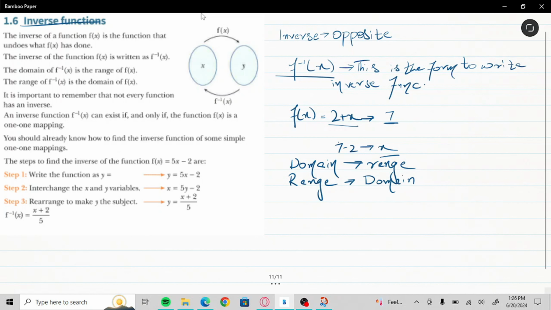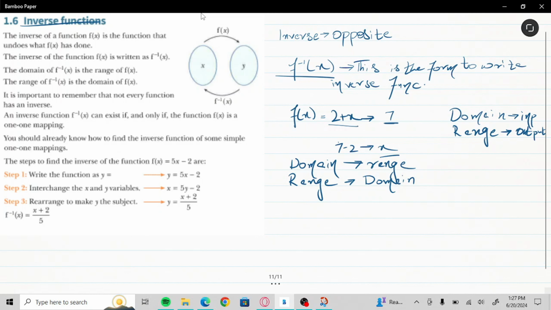What we have discussed is that the domain is the set of inputs, and the range is the set of outputs. From this we get to know that the input we give to an inverse function is actually the range of the function itself. It's a little bit confusing, but let me explain it more clearly.